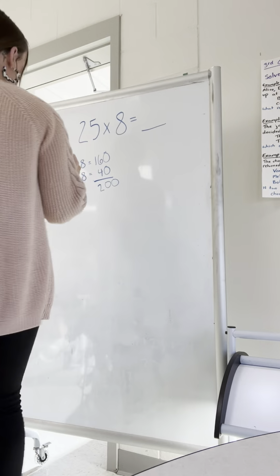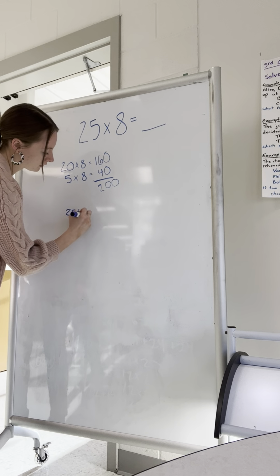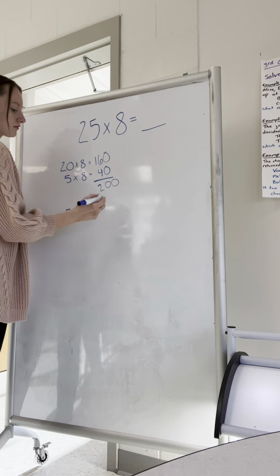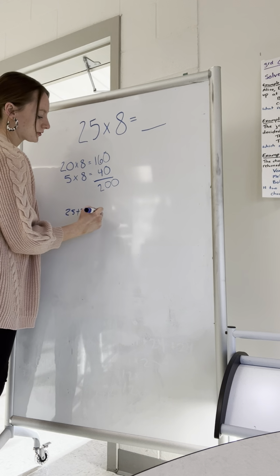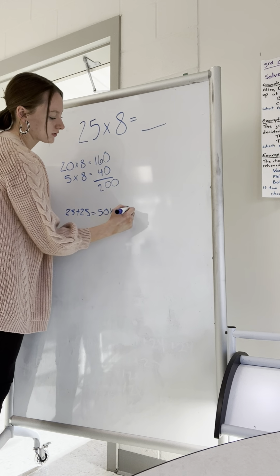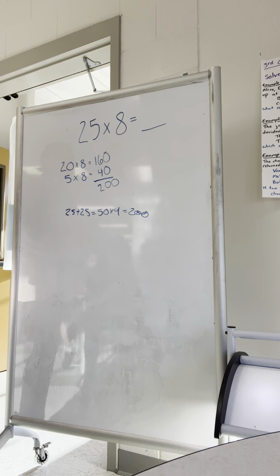So you did 25 plus 25, and then you did that 4 times. So you got 25 plus 25 equals 50, and then 50 times 4 equals 200. Yeah. So let's think about one more way that we could do this.